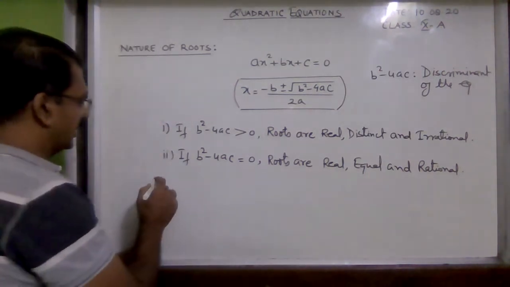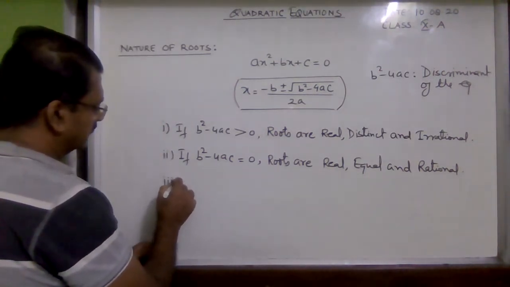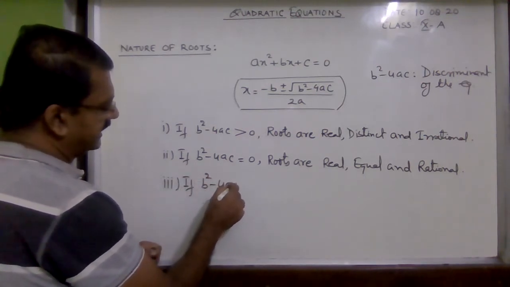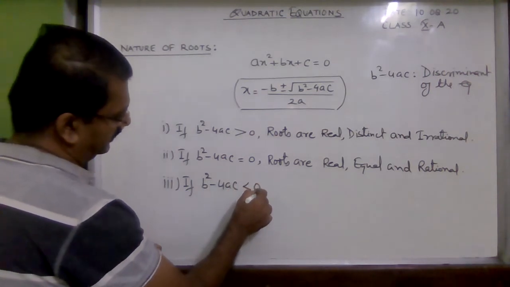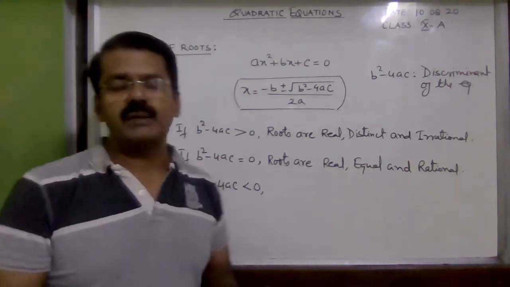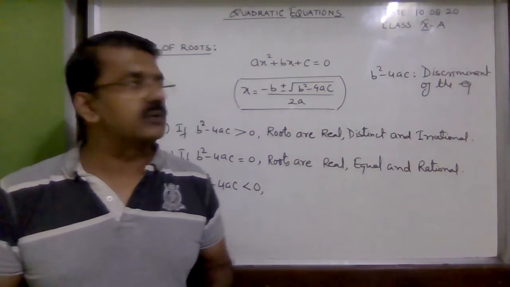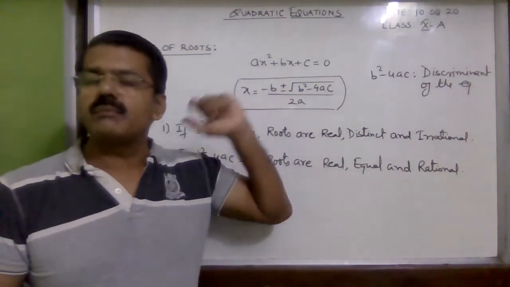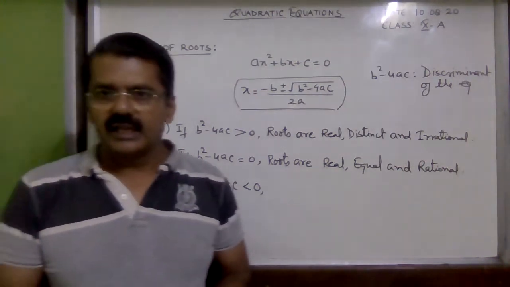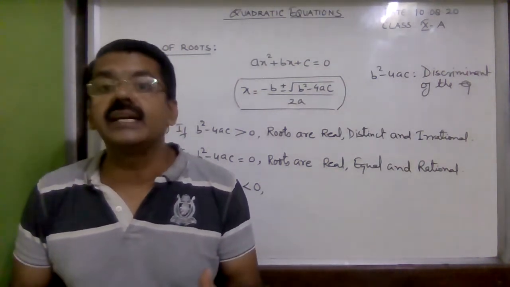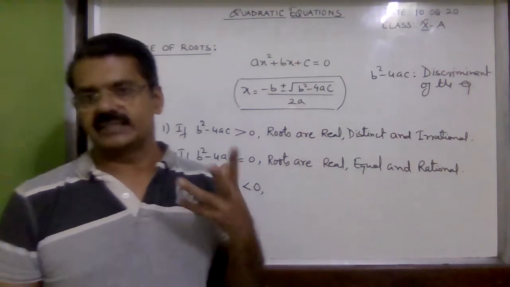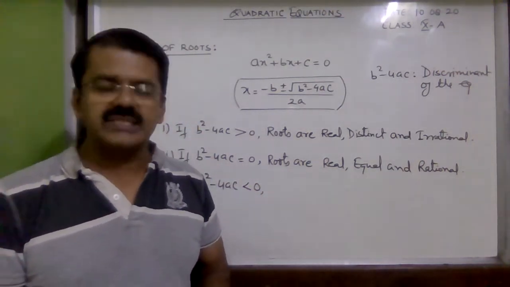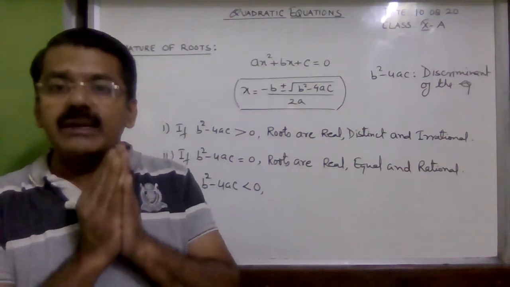Clear? Now the third part. If b square minus 4ac is less than 0. Now see, when b square minus 4ac is less than 0, it means b square minus 4ac is negative. Now whenever a negative number is there inside square root, it gives you an imaginary answer. I repeat, square root of any negative number is not real, it is imaginary.